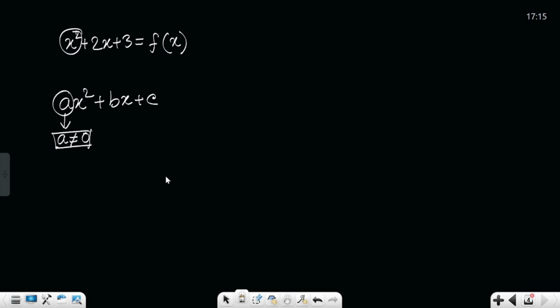So now let us talk about roots. Let us take f(x) equal to ax squared plus bx plus c. This is a quadratic polynomial, right?